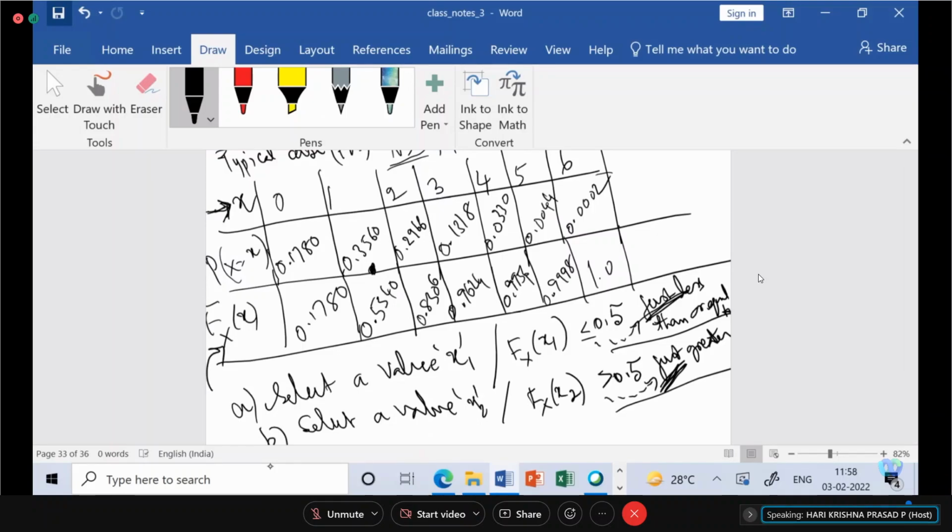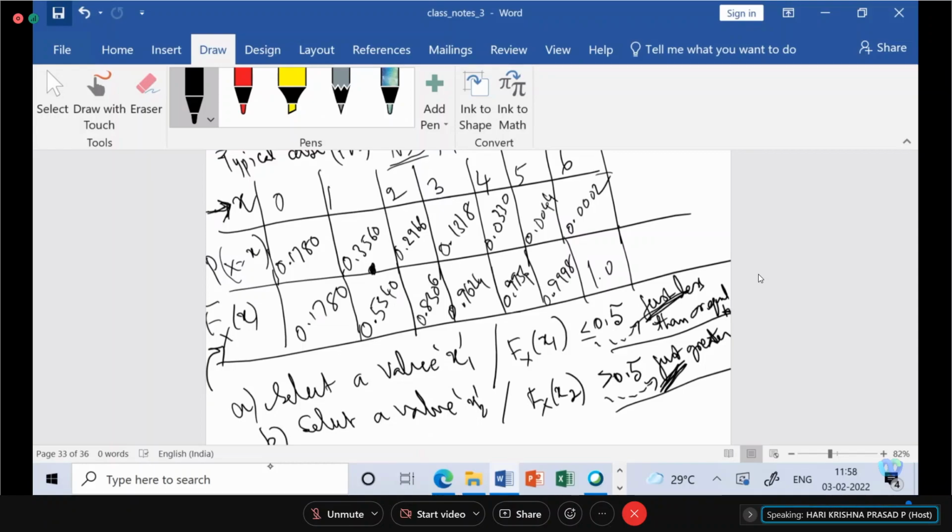When x takes a value of 0, the distribution function value is 0.1780. Now let me consider the value of x equal to 1. That means the third column I am referring to. When x equal to 1, the distribution function value is 0.53, which is greater than 0.5.